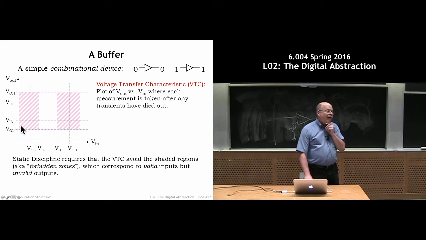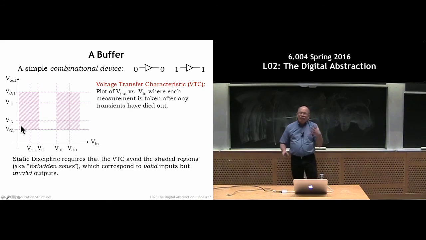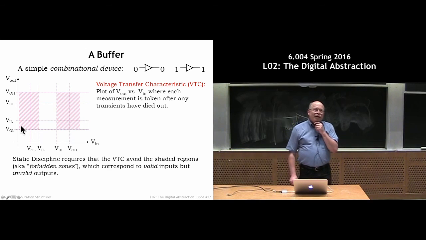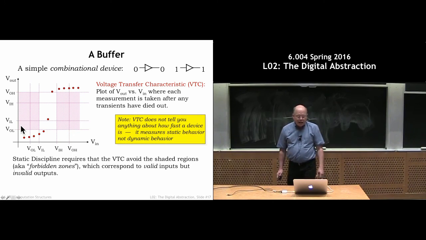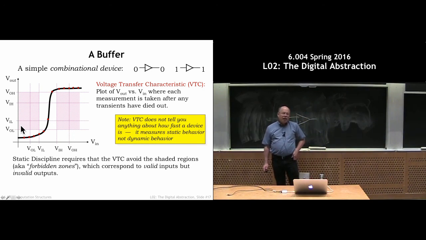It better not output anything between those two voltages, because otherwise it wouldn't be behaving. Everybody good with that? Everybody appreciate why those shaded zones are there? They represent regions that are valid inputs but invalid outputs. So if I went off and measured such a device, I would expect to see a curve that looks like that.